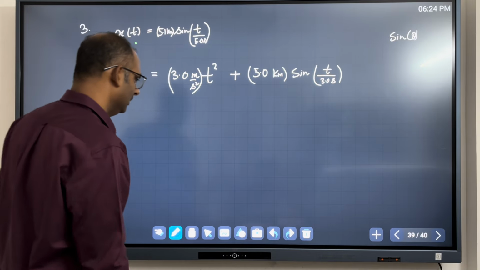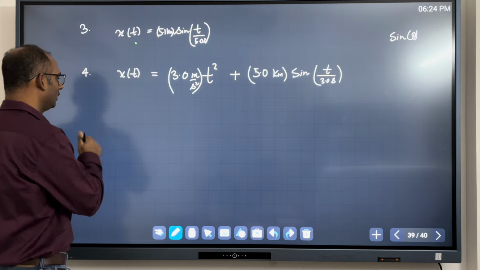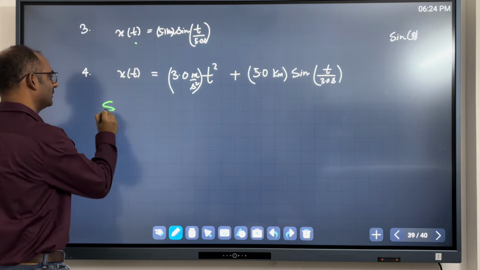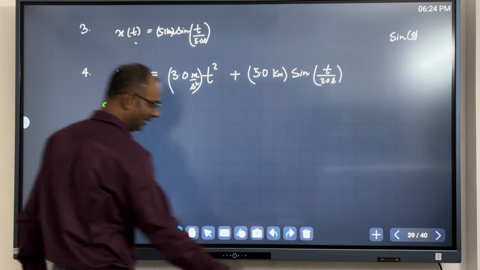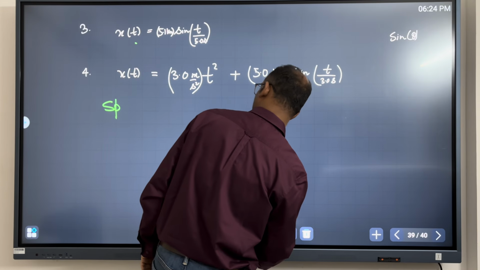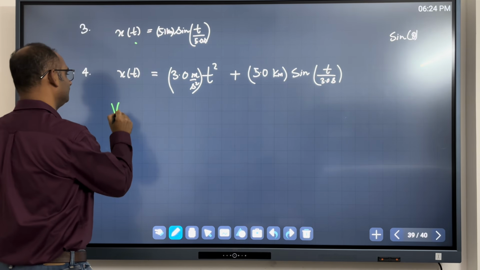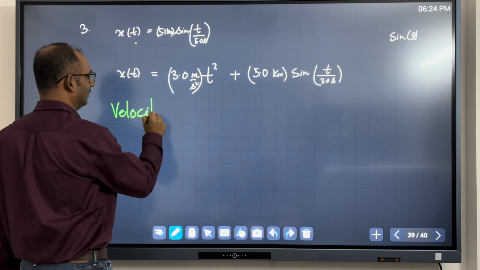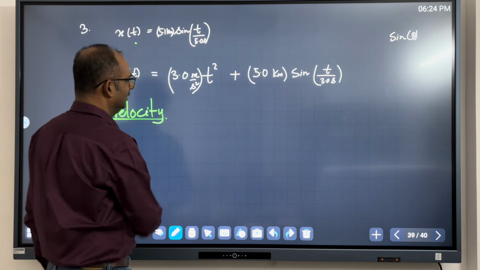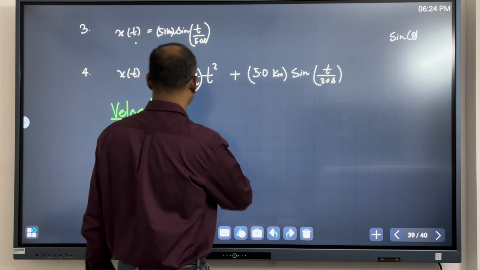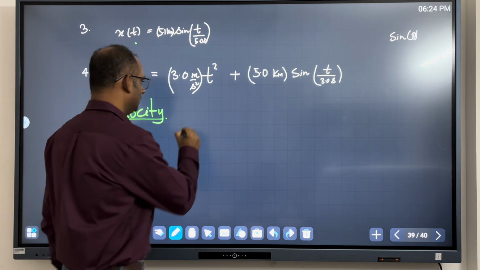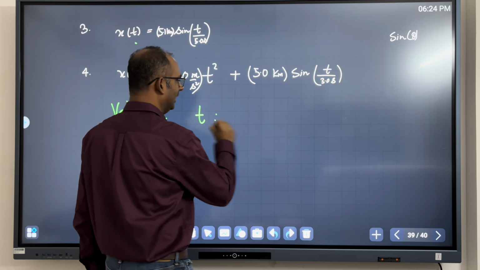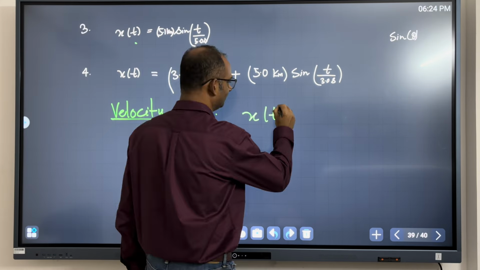Okay. So let's recall what velocity is. Suppose a particle or an object is located at time t at position x.